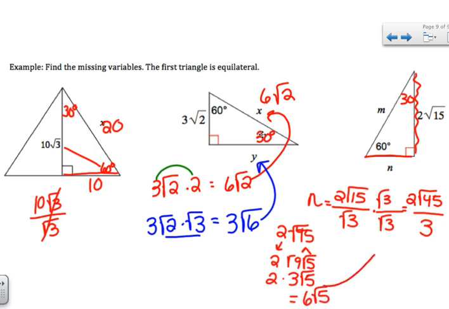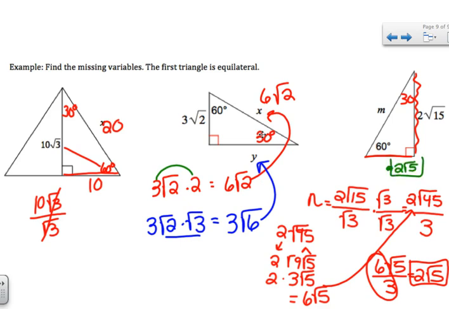So that now is replaced up here. So I have 6 root 5 over 3. I know 6 divided by 3 is 2. 2 root 5. So yay, I found my small side. So I repeat, these problems are not nice when they give you the 60-degree angle and it is not a root 3.